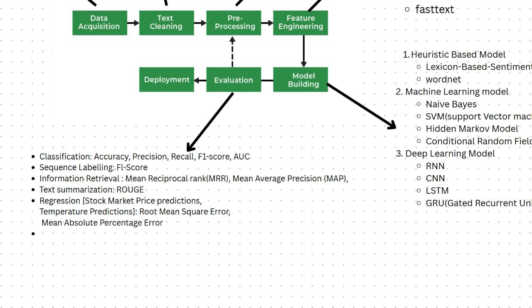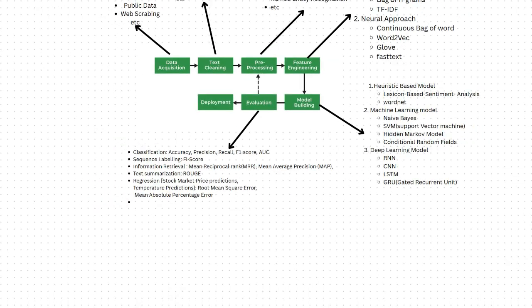For regression, like stock market or temperature prediction, we could use root mean square error, which is a famous one, or mean absolute percentage error. We could use all these methods to evaluate our model. And if our accuracy is good, we would deploy our model.